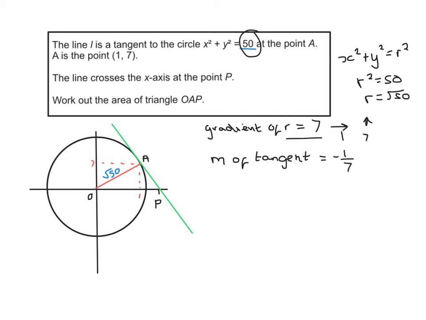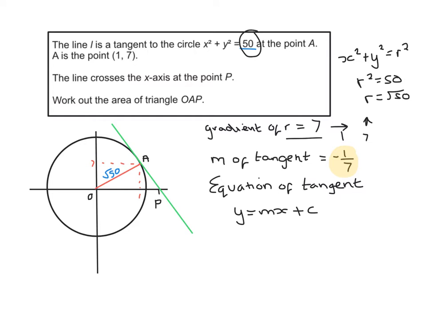Okay, so I've got my gradient of my radius, I've got my gradient of my tangent. I can now try and work out the equation of the tangent. So I know it's going to be in the form y equals mx plus c. And I know that m, we found that earlier, it's going to be minus 1 over 7.